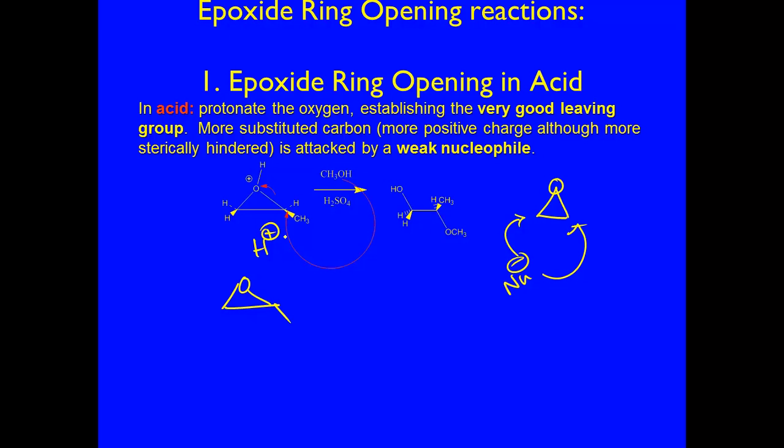When you write the mechanisms, you can just use H plus. One of these lone pairs reacts with the H plus, and we call this protonation. In this protonation process, we are activating these two carbons for nucleophilic attack.